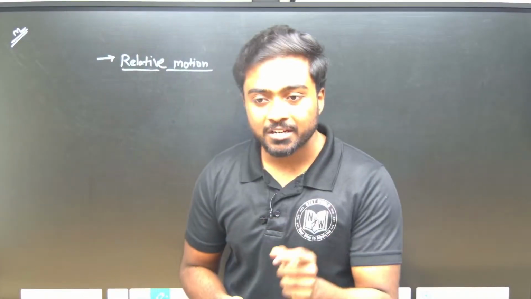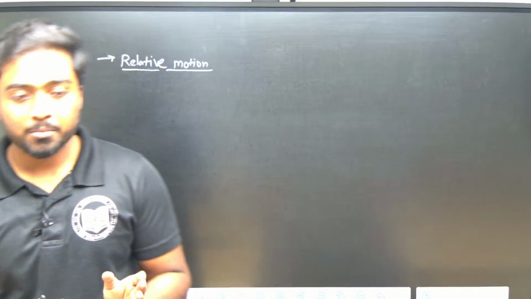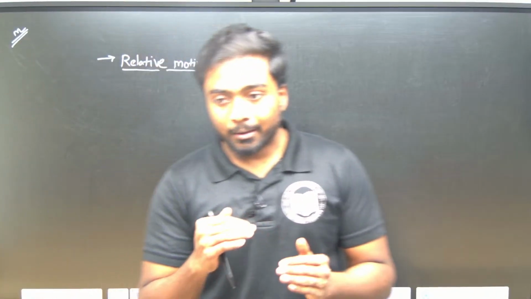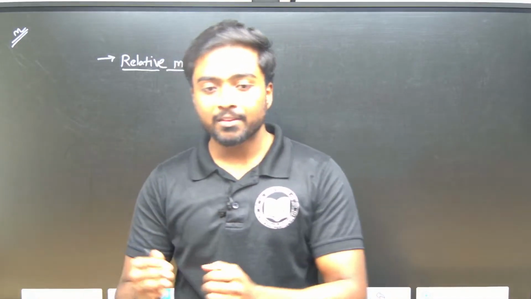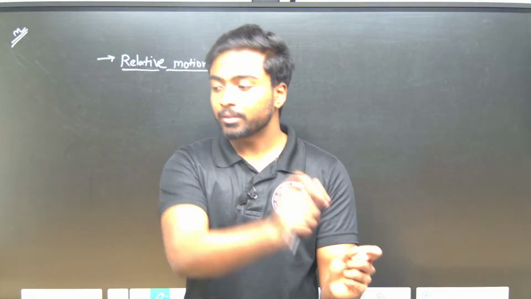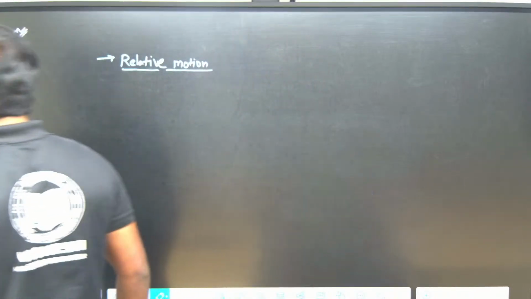I'm relating object A with object B, or object A with object C, or object B with object C. Relating the motion of object A with object B is called relative motion. I am relating the motion of a particular object with some other object.